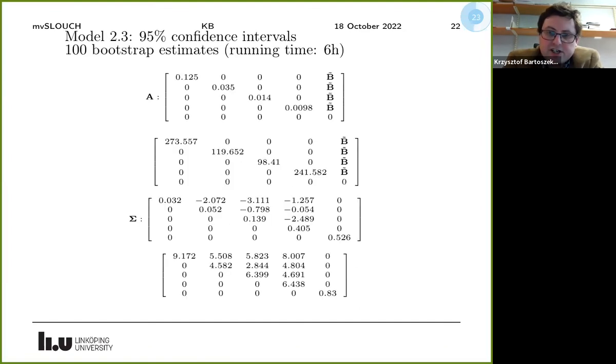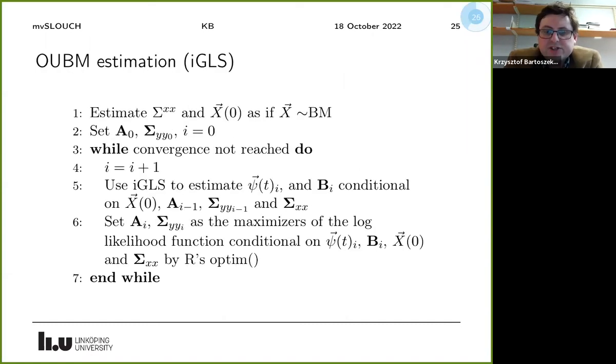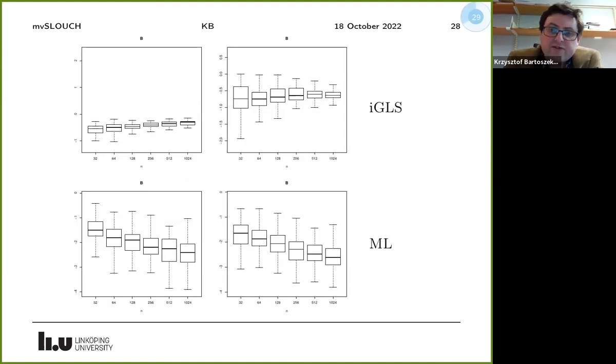In principle, an iterated GLS should be more efficient than just numerical optimization of all the parameters, but we noticed some interesting estimation issues. If we take these B's, the parameters that mediate how the Brownian motion variables influence the non-pure Brownian motion variables, it seems that the iterated GLS has some sort of asymptotic bias towards it.